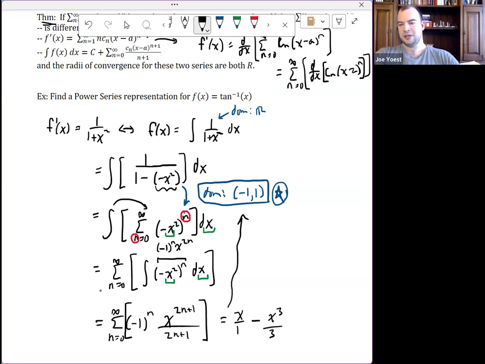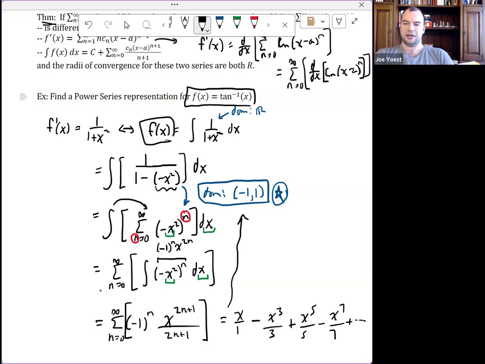When n is 2, negative 1 squared is positive. x to the 5 over 5, minus x to the 7 over 7, plus, and so on. And we can see the pattern here, I think. So this is a power series representation for arctan x, but only good for x's between negative 1 and 1.